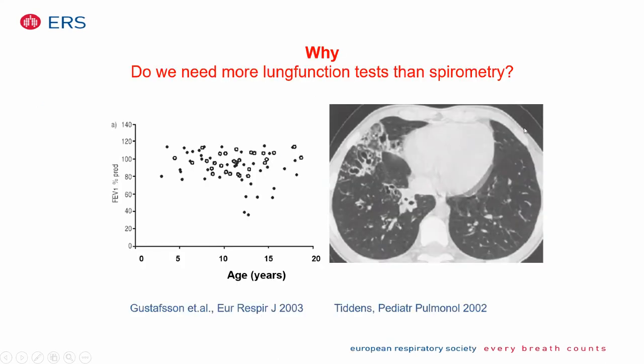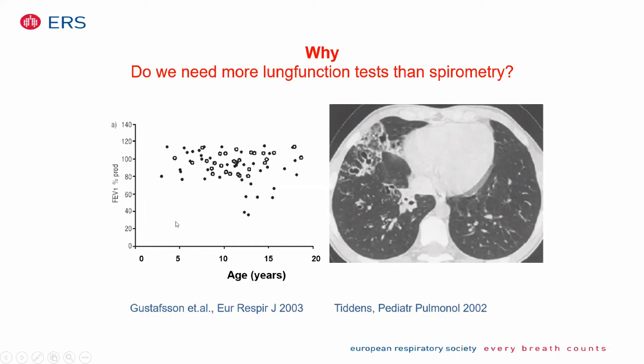Now, why do we need other lung function tests than spirometry, which is readily available and used everywhere? And I think for pediatric respiratory medicine, this publication by Per Gustafsson in 2003, published in the European Respiratory Journal, shows you why we are looking at other tests than spirometry.